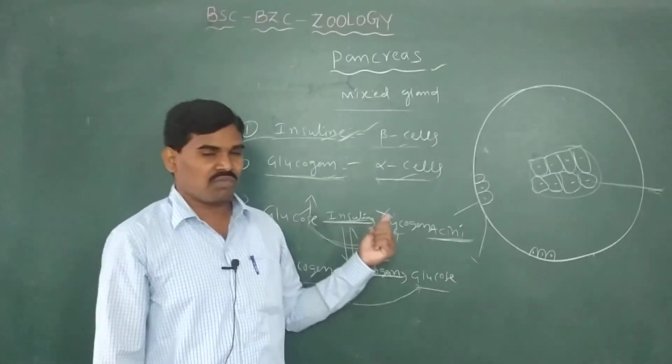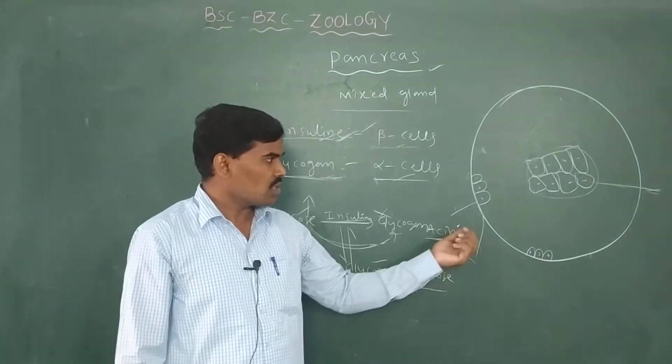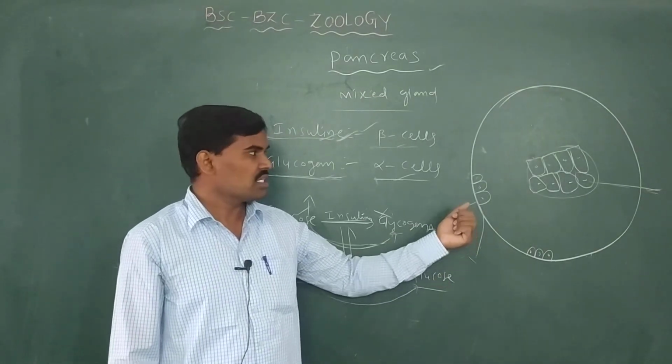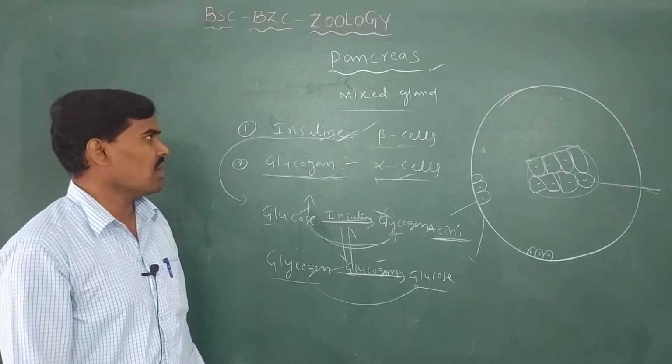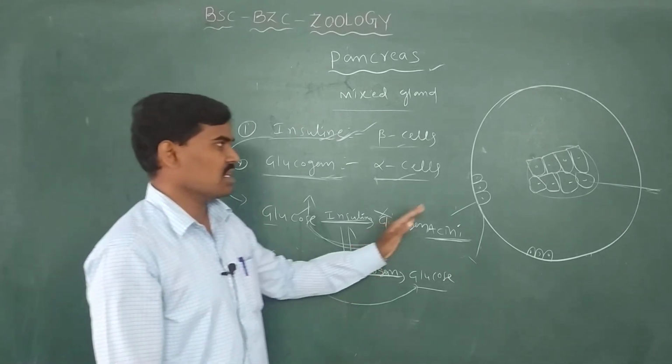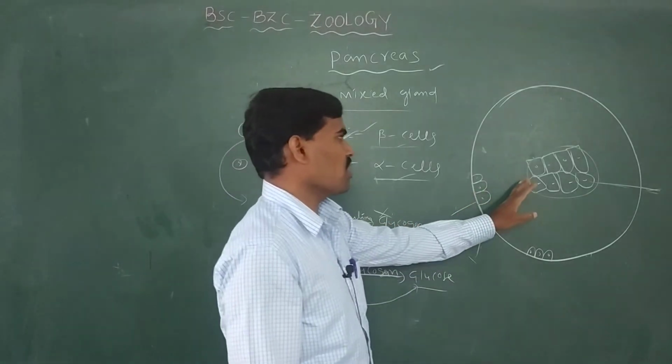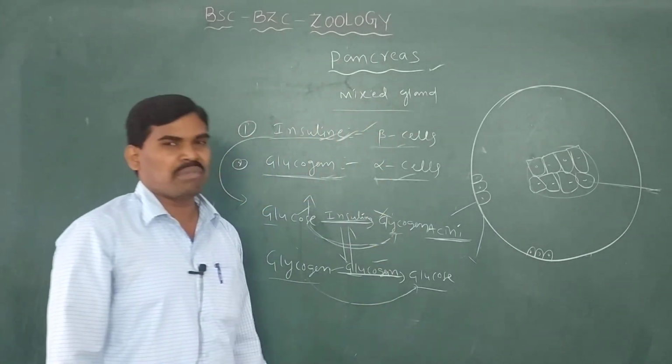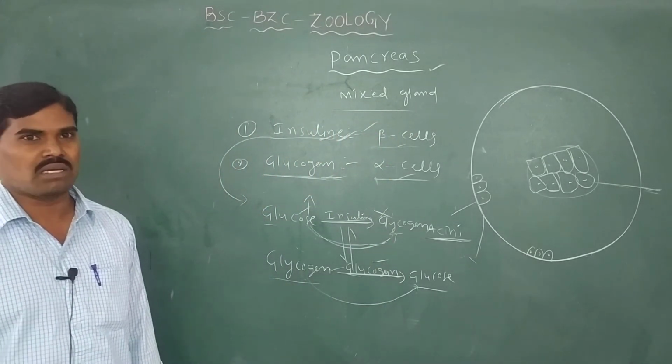Since only one gland secretes both enzymes and hormones, it is called a mixed gland.